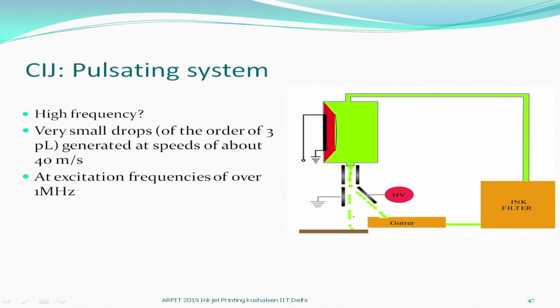As I said, the frequencies could be as high as 1 megahertz, and because the frequency is high, the deflections are smaller, and so smaller droplets get generated, and that is very interesting. So, these are just some of the principles which people have been using to create droplets, which finally will become a dot on the textile substrate.